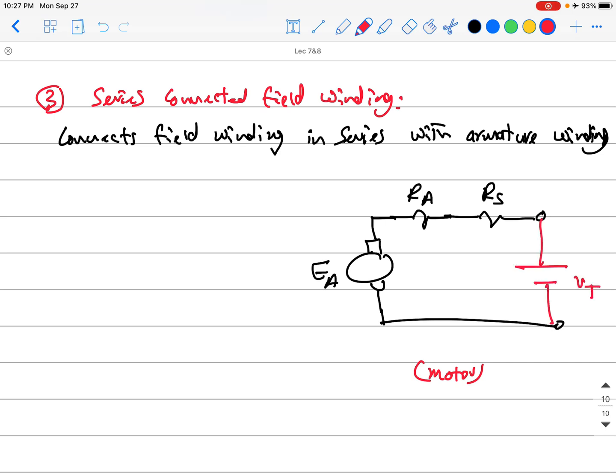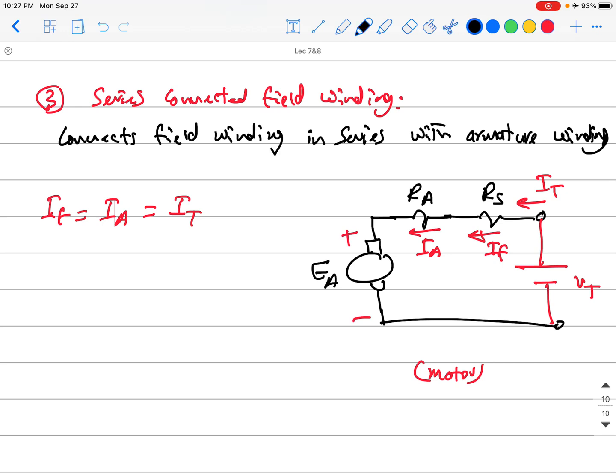This will be your V terminal, this will be I terminal, which is the same as I field and the same as I armature, because they are all connected in series. So IF equals IA equals I terminal. Okay, guys?